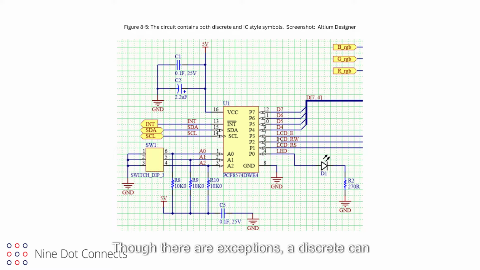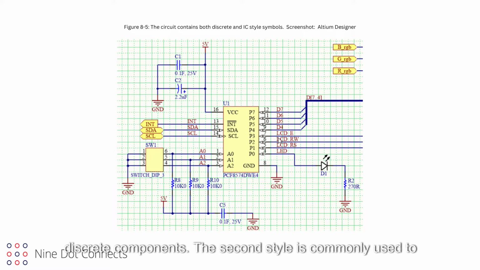Though there are exceptions, a discrete can be loosely defined as a single-function component. Two-pin devices, like resistors and capacitors, are great examples. However, even devices like logic gates and amplifiers, usually 8 pins, are also considered to be discrete components.